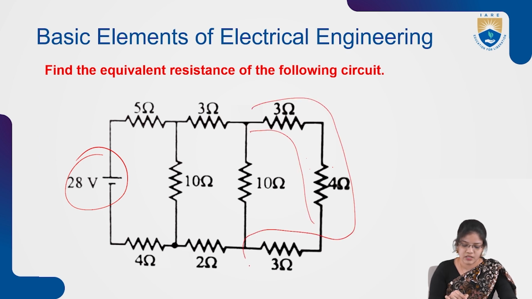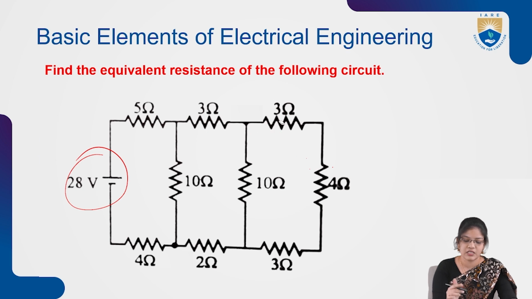If we consider in this way, first these three resistances are connected in series because the same current is flowing across these three elements. The current is coming in this way and it is dividing here, and the current flowing across these three elements is the same.